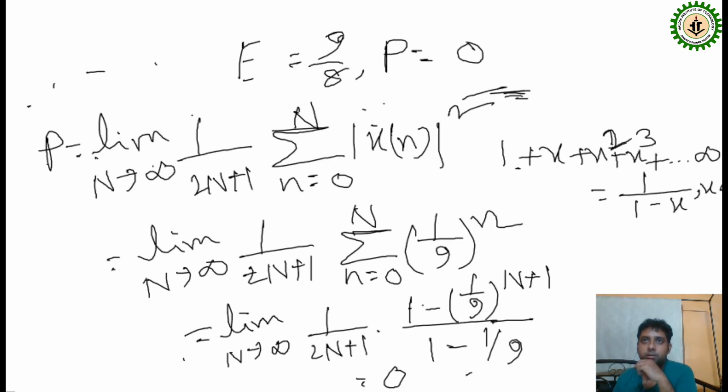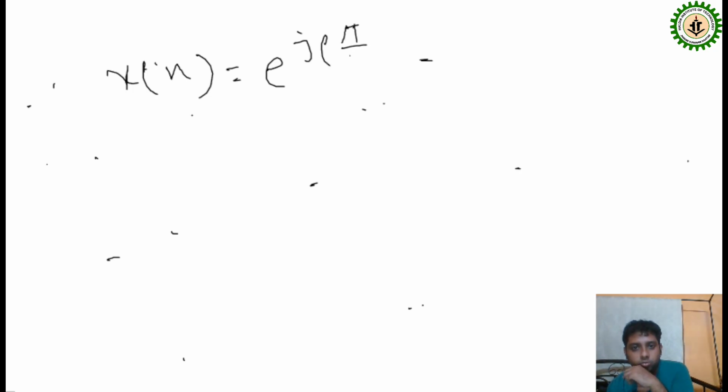Now we will solve another numerical, a different type of numerical, which is also asked: check whether that signal is an energy signal or a power signal. That is, x[n] is given as e^(j(pi/2 n + pi/4)).